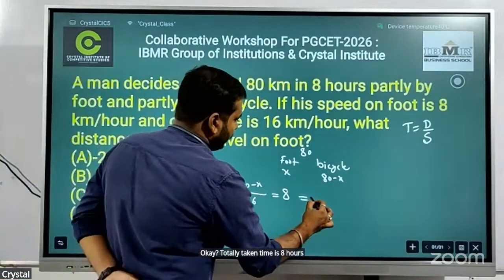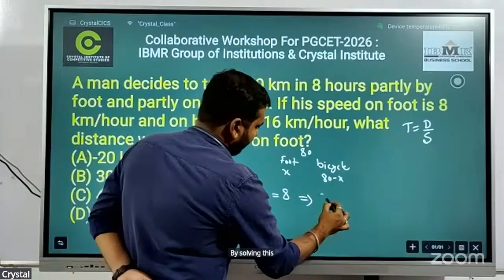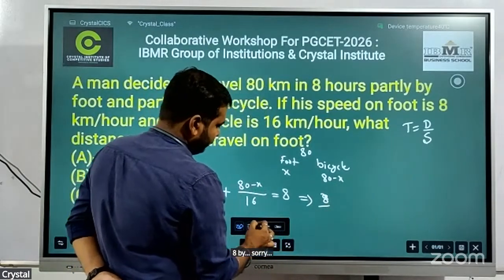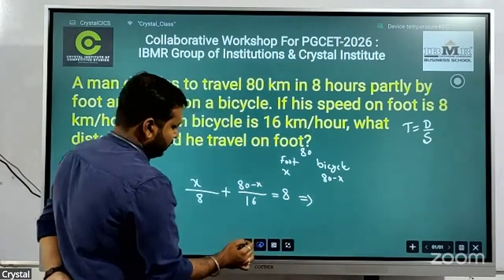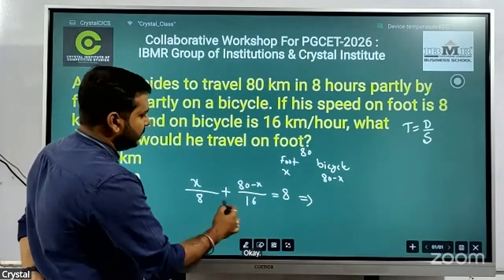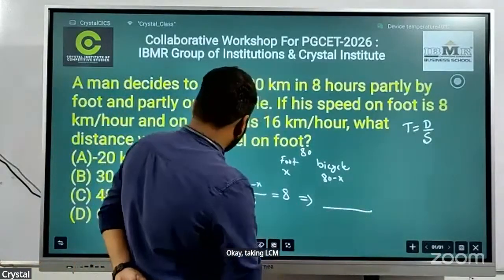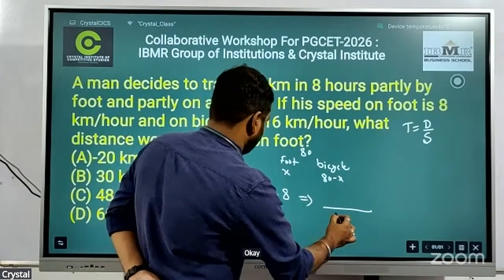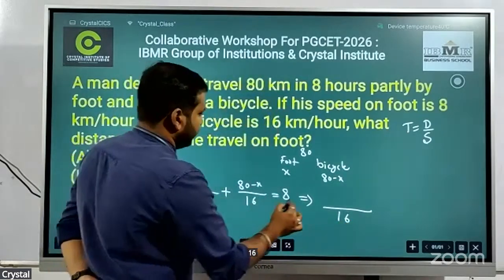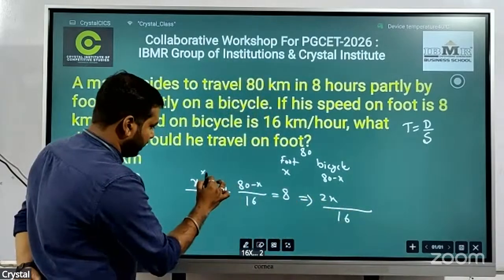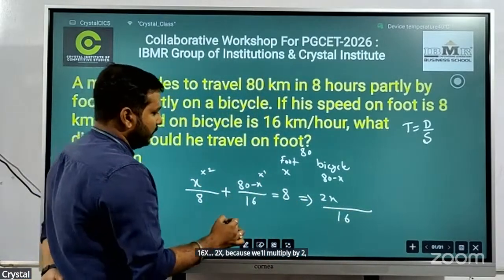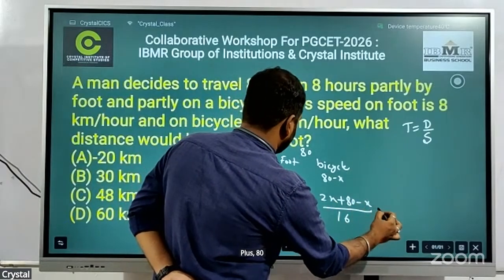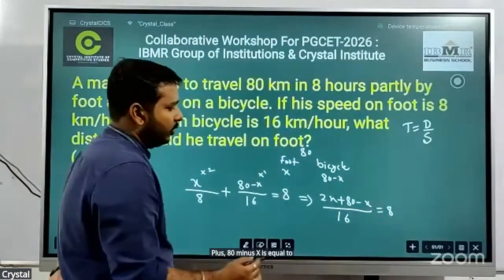Solving this, taking LCM, divided by 16. 16: 2x, because we multiply by 2, plus 80 minus x is equal to 8 times 16.